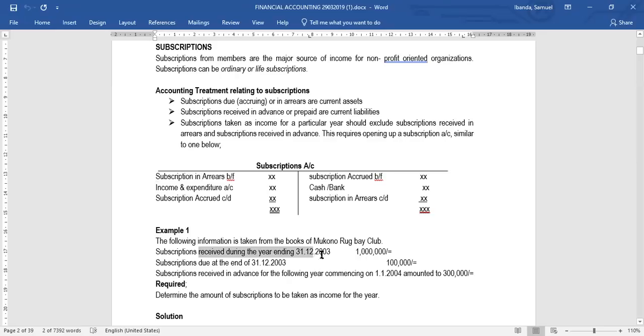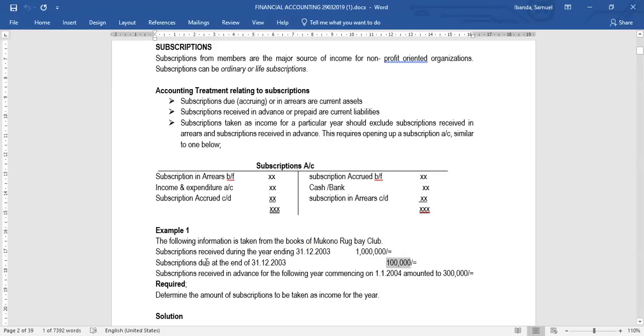Subscriptions received in advance for the year ended is 1 million. Subscriptions that were due, okay? Subscriptions that were due at the end of 31st December 2003 were 100,000.